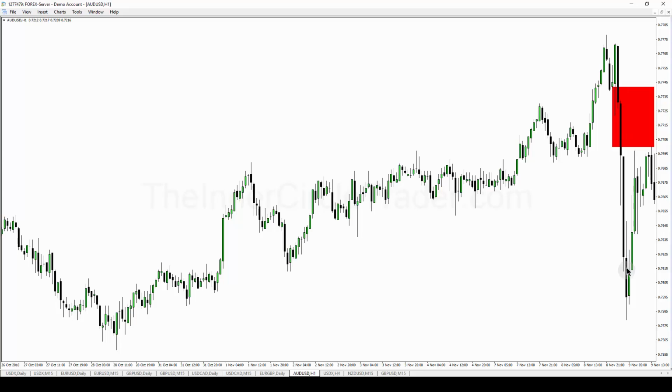Down here, we have a fair value gap right in here. These candles here, and this candle here. So we have that, and we have the body of this down candle, which is the bullish order block, right before this big move up, the last down candle.